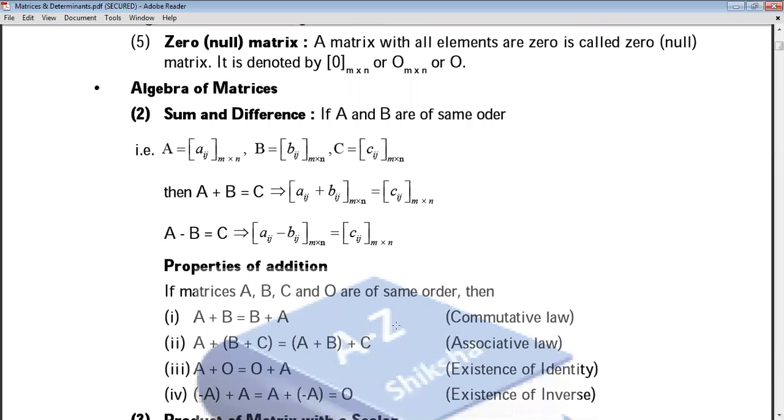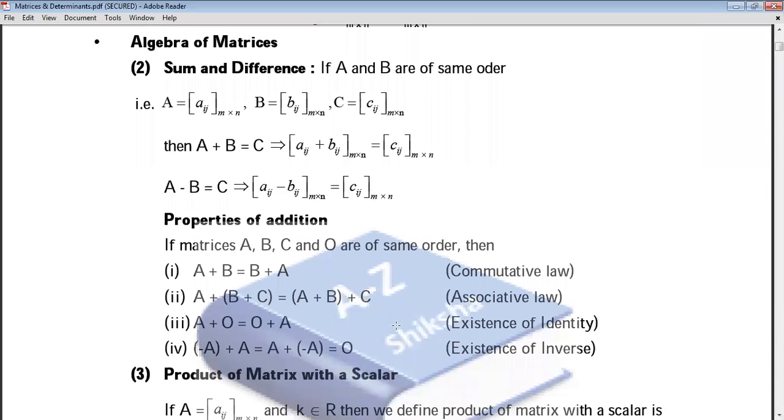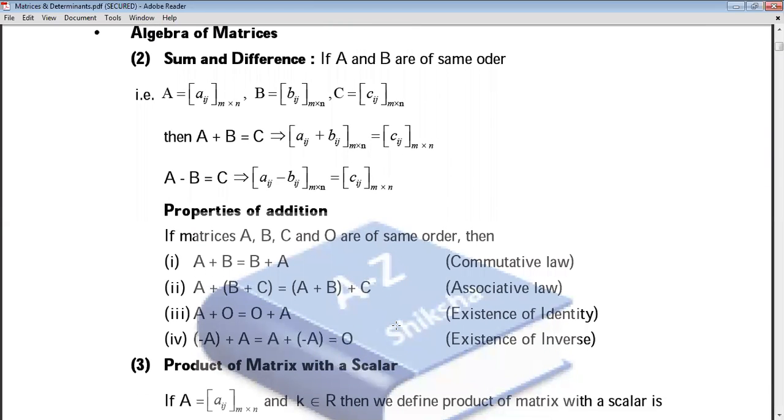So these are some basic properties of addition. You have to remember them because in some problems you are asked to solve the properties. If A plus B equals B plus A, then the matrices are said to be commutative. Then A plus within bracket B plus C; the second property is known as the associative law.